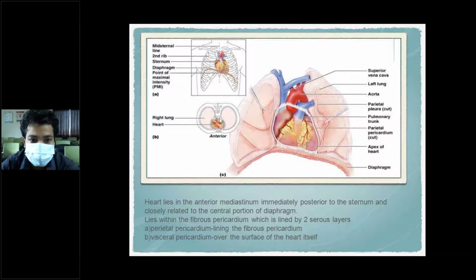This is the mediastinum, and in the mediastinum the heart is placed anteriorly, immediately posterior to the sternum. Here you can see the superior vena cava, aorta, the parietal pleura, pulmonary trunk, the parietal pericardium, and the visceral pericardium, which is lining the heart.